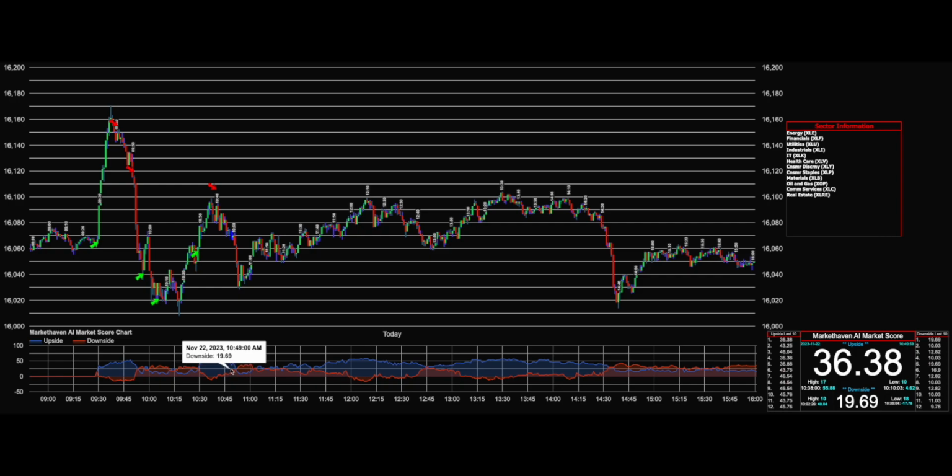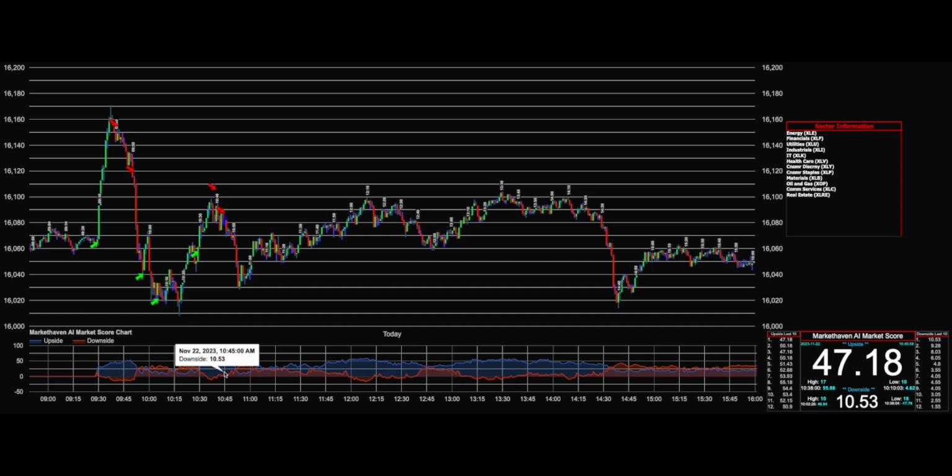Next trade is at 10:45. You can see that the upside is starting to move down, and again we have that significant movement for the downside up. Even though the upside is basically flat, the downside is consistently moving up. We would be getting in at 10:45, which would be right here.